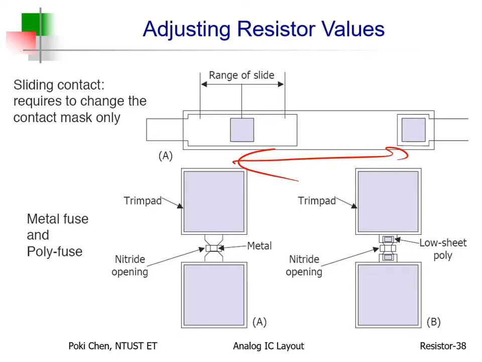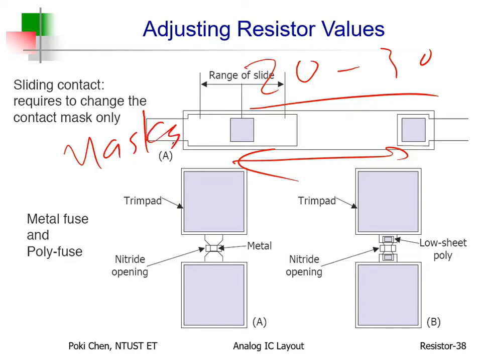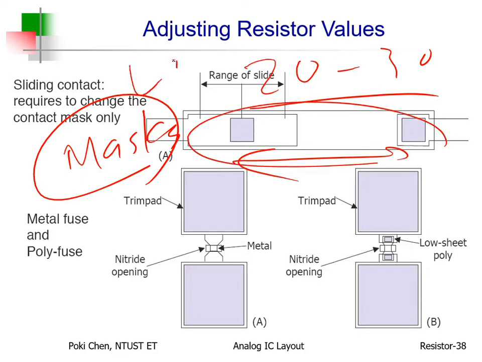So anyhow, for each process, it takes 20 to 30 something steps or masks. So it means what? If you are lucky, you use top metal for such kind of VR. You can finish all the steps except for the last one.